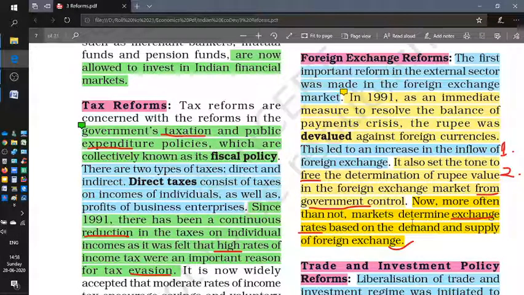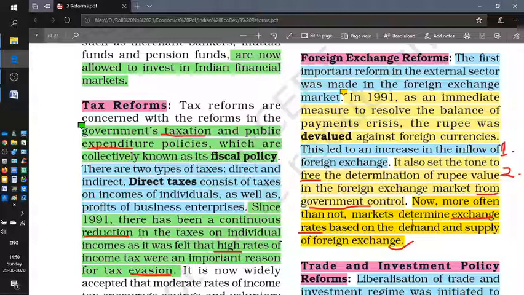How much do we demand dollars? How much do we demand rupees? That will determine how much $1 is equal to in rupees. Not anymore determined by the government. So by doing so, there will be a free adjustment of the rupee over foreign currency. Why would you want to do this?